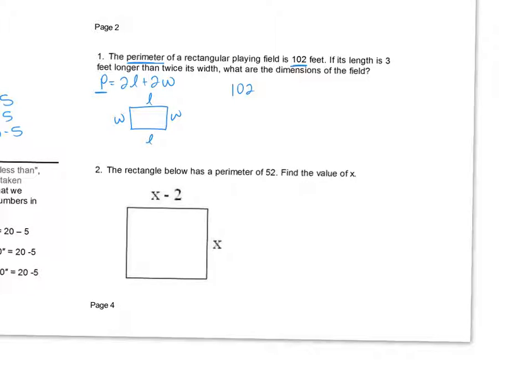So 102 equals. Now, anytime you're trying to solve an equation, you want it to only have one variable at this point. Luckily, this problem is going to allow us to write the length in terms of the width. The next thing says the length is. "Is" is one of your words that means equals.